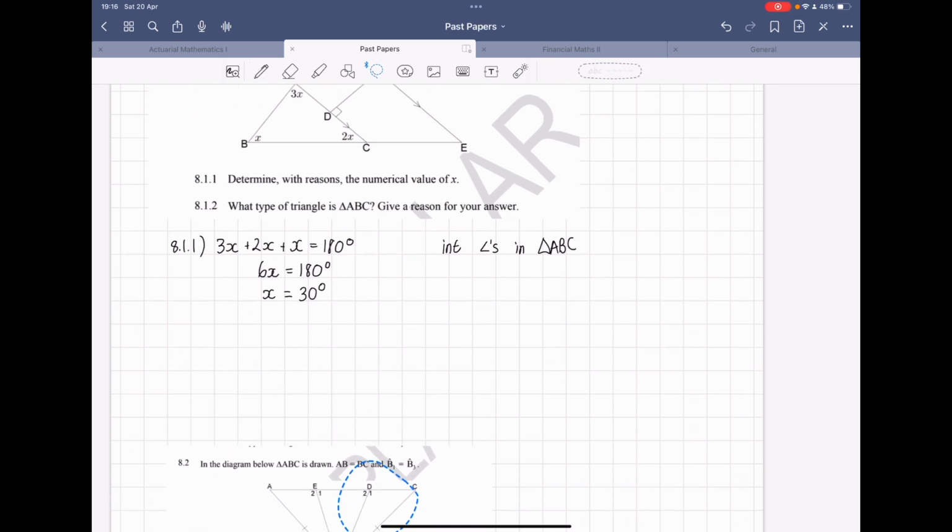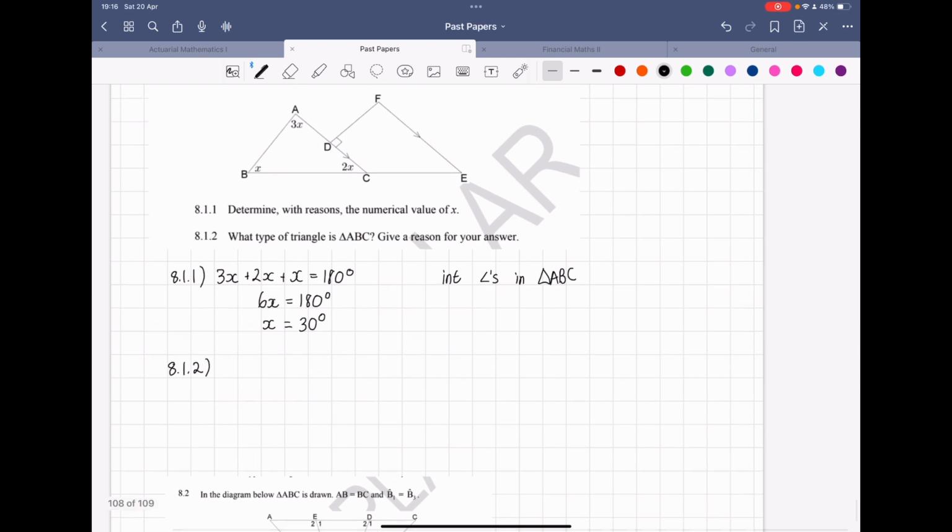Okay, then 8.1.2. What type of triangle is ABC? And give a reason for your answer. So I know that the angle B is equal to x, so it's 30. And angle A is equal to 3x, so that's 90.